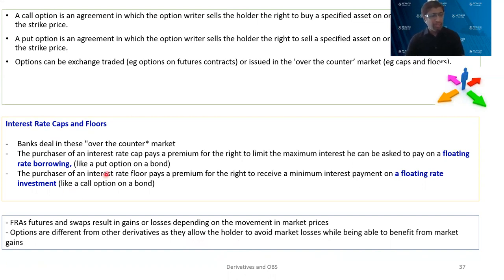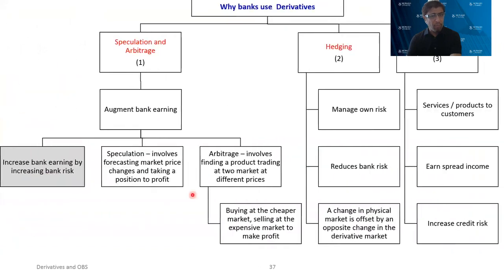You exercise only if you benefit from exercising. With the caps and the floors, the investor, as I told you, will exercise only if the price goes under 4%. He doesn't have to exercise that option otherwise. And the borrower will exercise only if the price goes over 7%, if his limit is 7%.